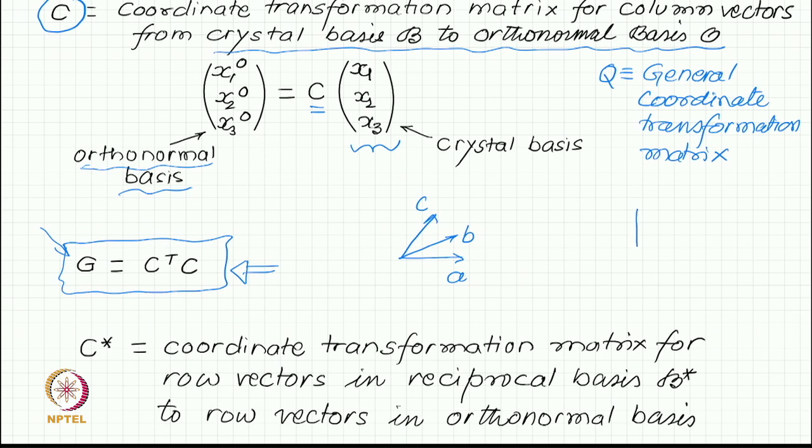Then correspondingly we find the reciprocal coordinate system a star, b star and c star, and we have then the orthonormal basis e1, e2 and e3.